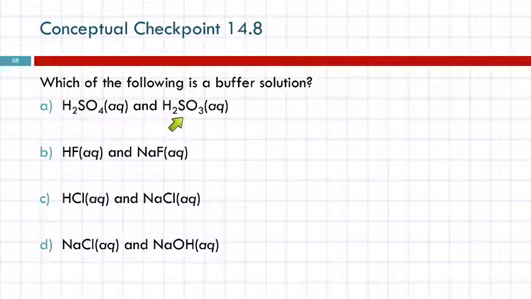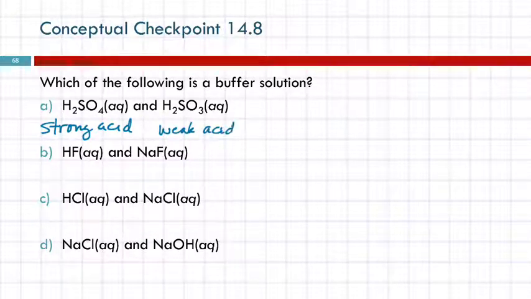Is this a conjugate base of this one? No, this is also a weak acid. So here in this first example, we have a strong acid and a weak acid. What we need is a weak acid and its conjugate base. So this is not a buffer solution.